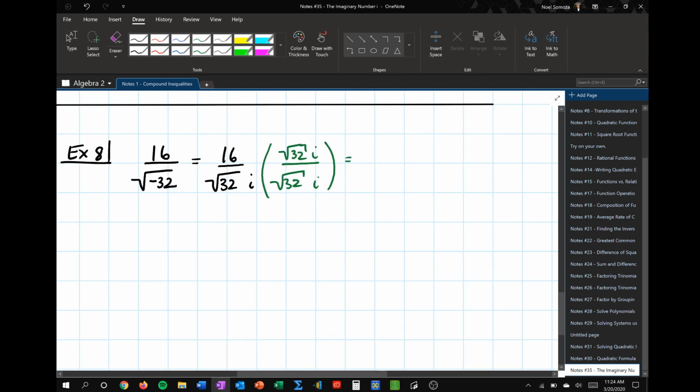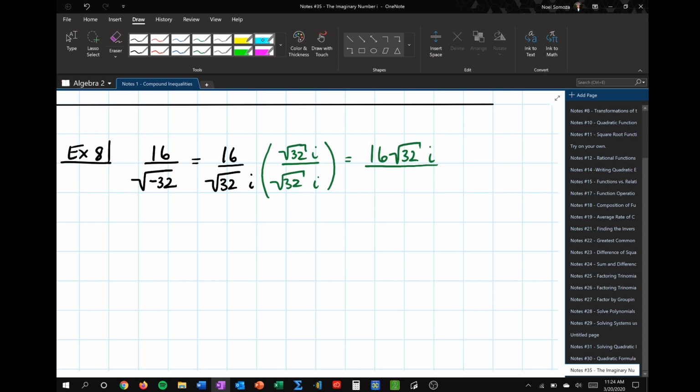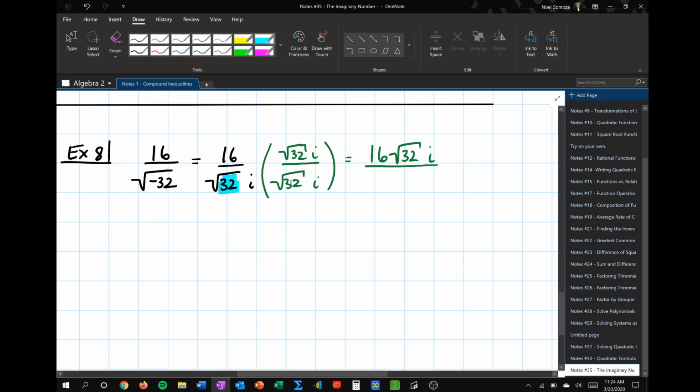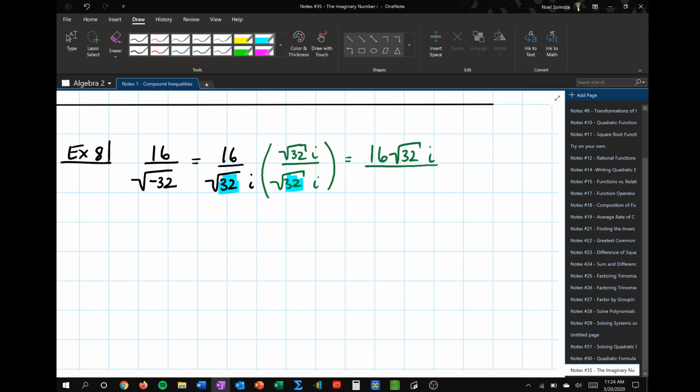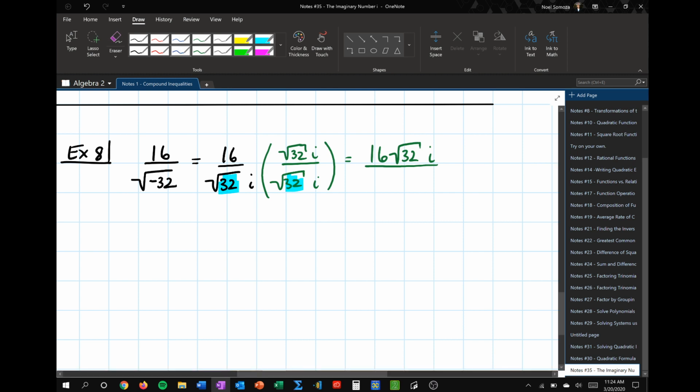Inside and outside numbers, whole numbers with numbers inside the square root don't mix. So you got 16 square root of 32I all over, here you're going to get square root of 32 times square root of 32. So you're going to get a pretty large factor down at the bottom.